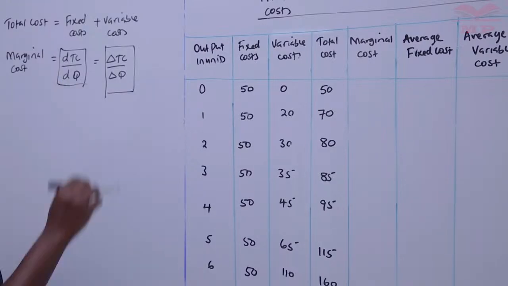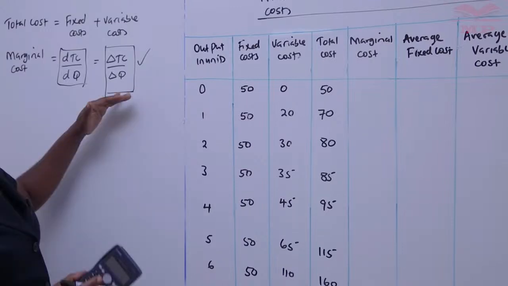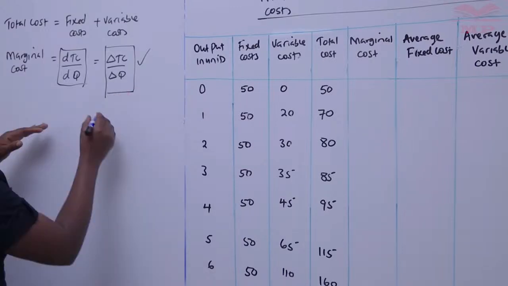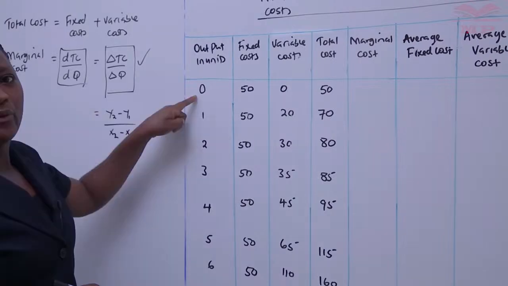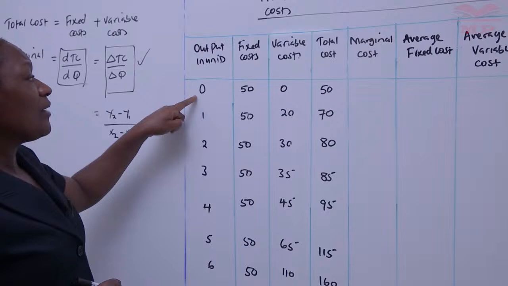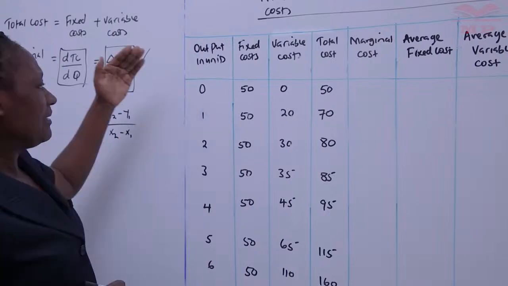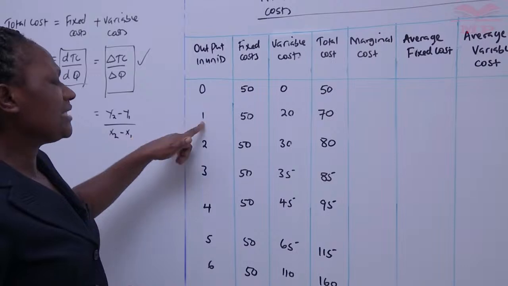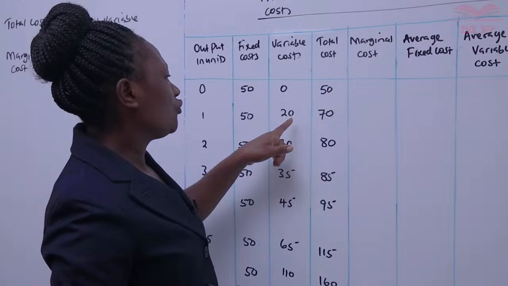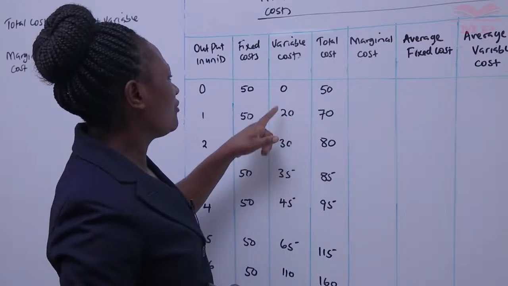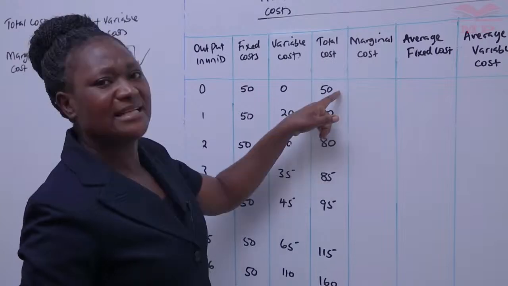So for this case, we are using the change in total cost over change in Q. When you are not producing, no variable cost will be incurred. And when we are beginning to produce at unit 1, the variable cost is now 20, and it has increased the total cost from 50 to 70. So what is the change? It is simply 70 minus 50.